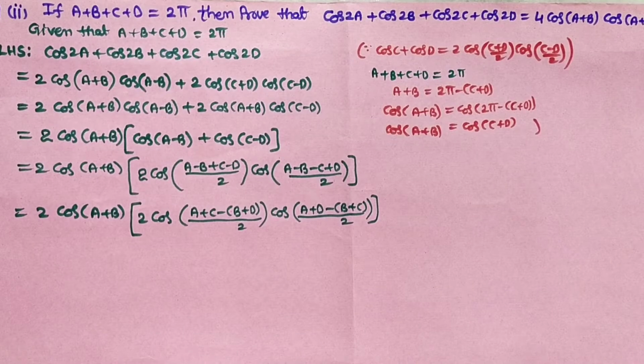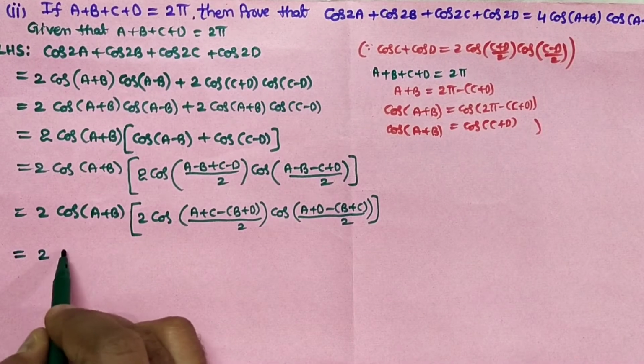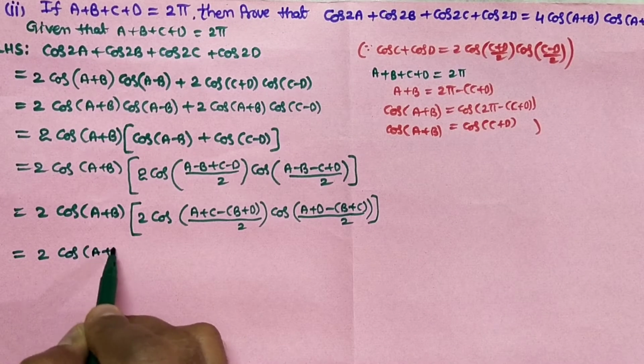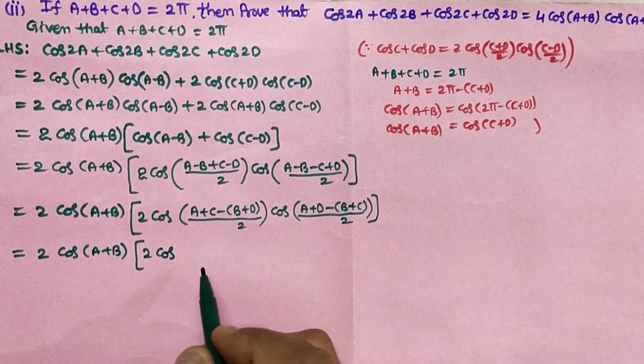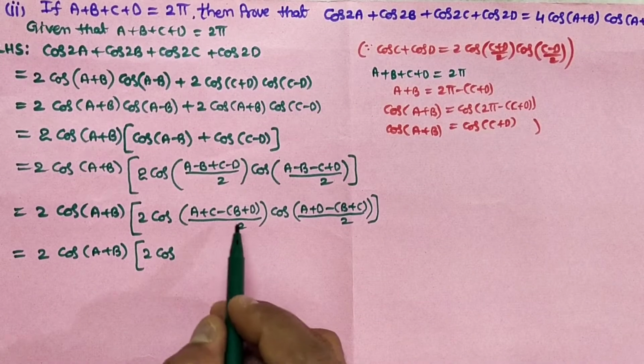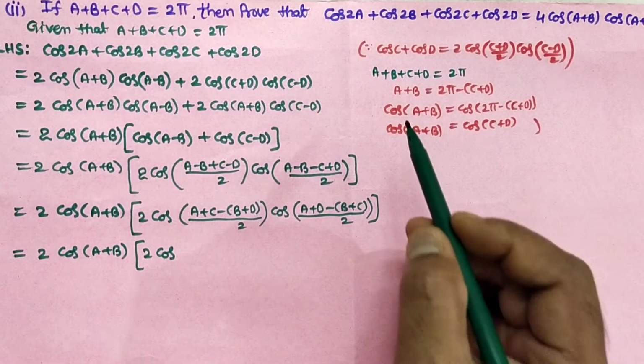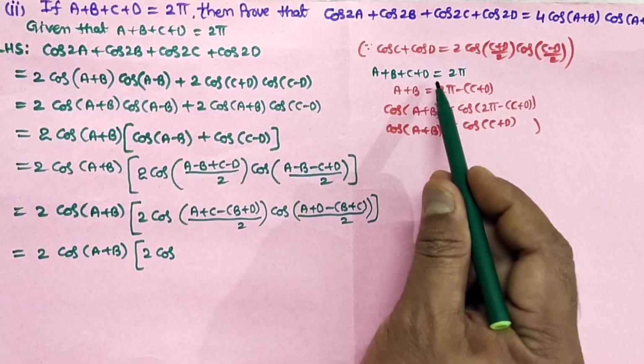Here, 2 times cos of (A plus B) into 2 times cos of, in place of B plus D. See here, A plus B plus C plus D equal to 2 pi now.